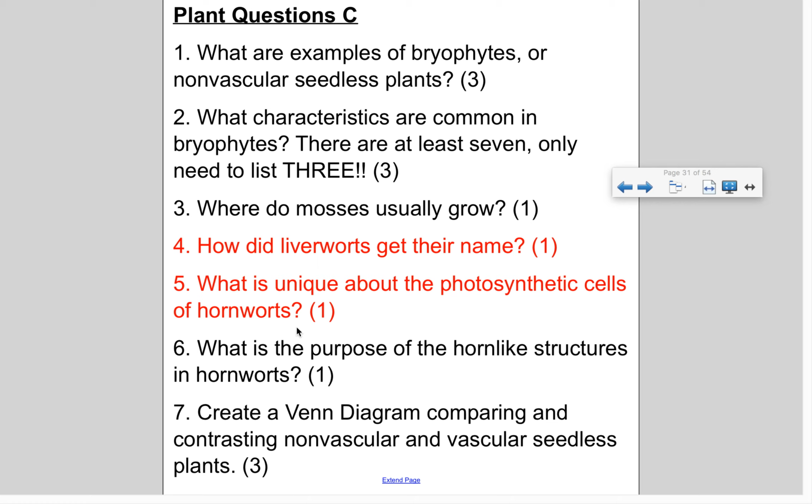What's unique about hornworts? What's the purpose of the horn-like structure? And then that Venn diagram where you just have to put one item in each circle. These questions are posted on Google Classroom. Please use those questions because I add a little bit more detail, and then submit it through Google Classroom.